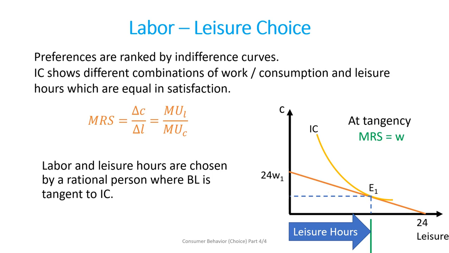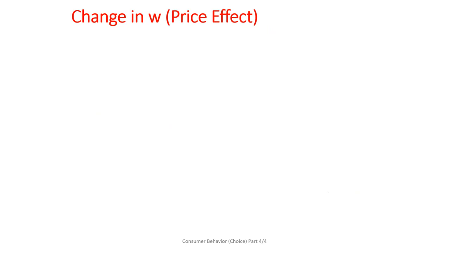Now let's study what will happen if the real wage rate changes. That is how the consumption and leisure choices will be affected by a change in real wage rate W. This is quite similar to the price effect that we studied in earlier lectures.